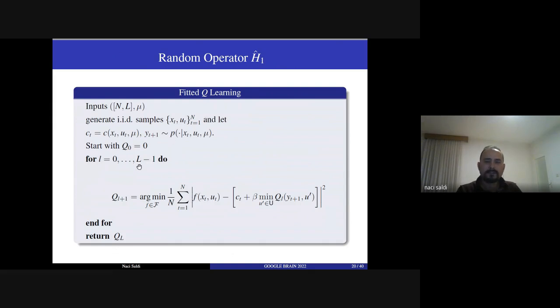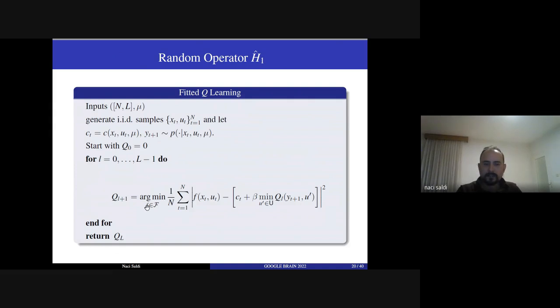Then using these data points for each iteration, we form this empirical risk. Then we find the function little f that lives in this function class. This capital F is some fixed function class. For instance, it can be the collection of neural networks with some specific architecture, or it can be a linear span of a finite number of basis functions.